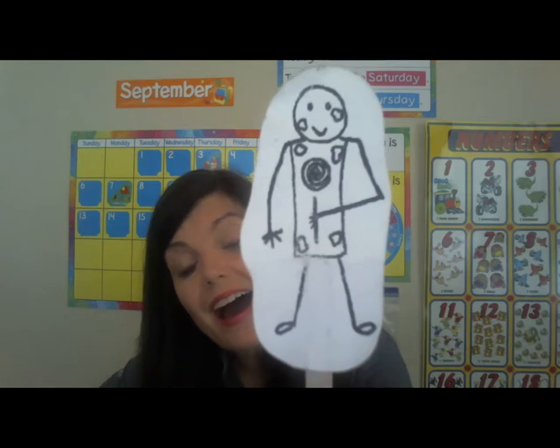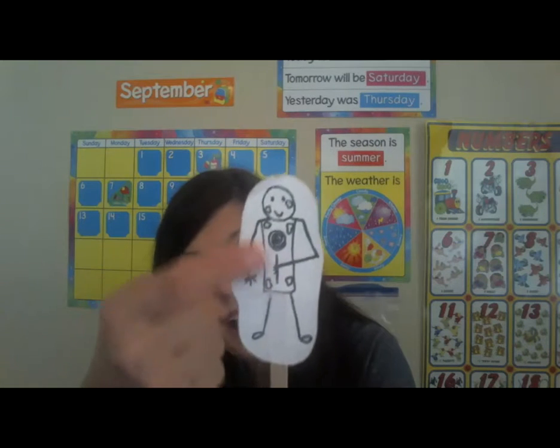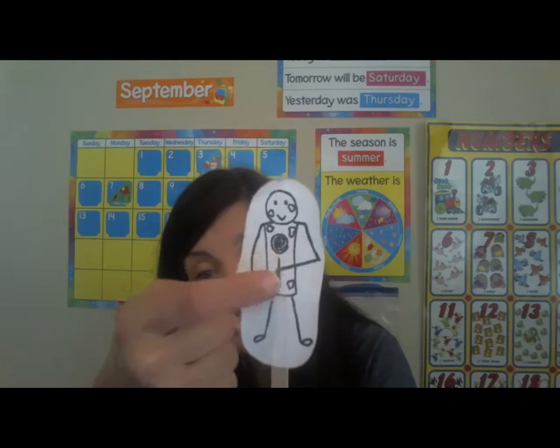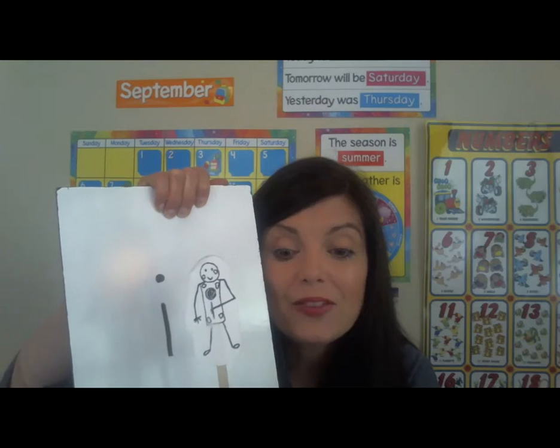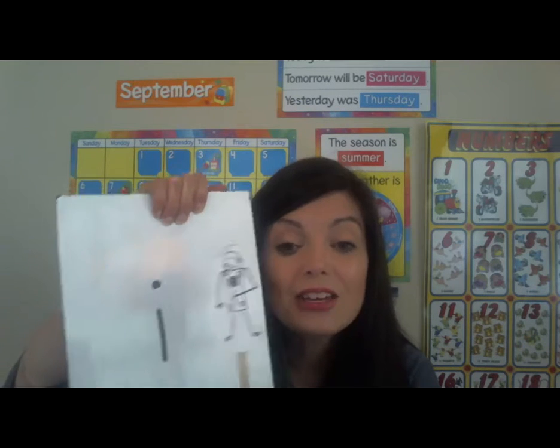Hmm, can you spot an I? It's his lollipop. Very good. I see a number 1, and in the middle of the lollipop is an itchy dot. So I'm hoping that when you see the letter I, it reminds you of the lollipop, and then you'll remember that I says, eh, eh, eh.